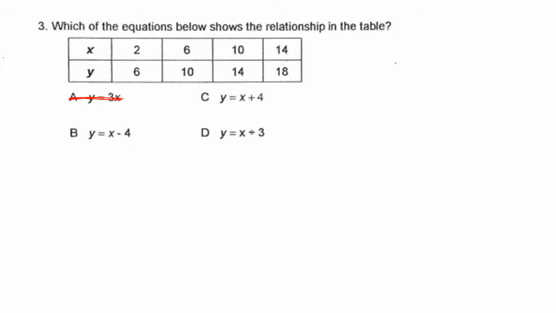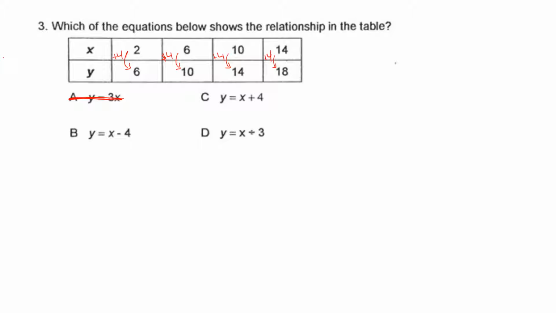And let's see our next idea here. Well, how else can we go from 2 to 6? Well, going from 2 to 6, you could add 4. Let's see if that works for this. 6 plus 4, well, that is 10. And 10 plus 4 is 14. And 14 plus 4 is 18.